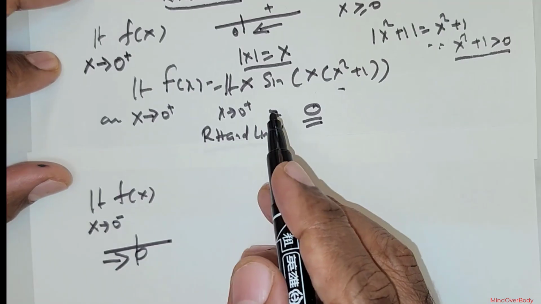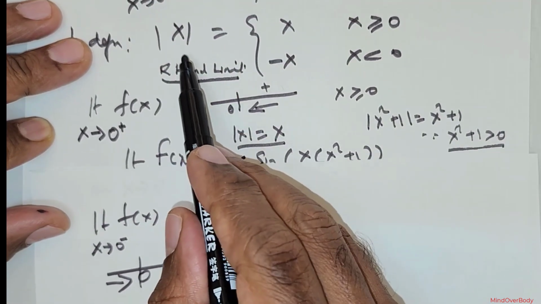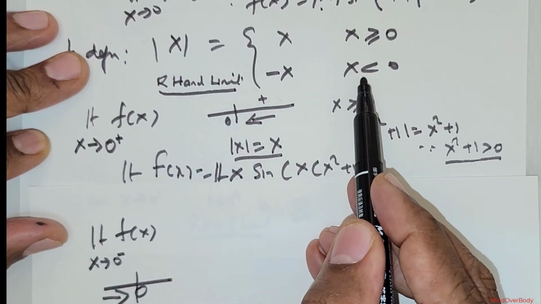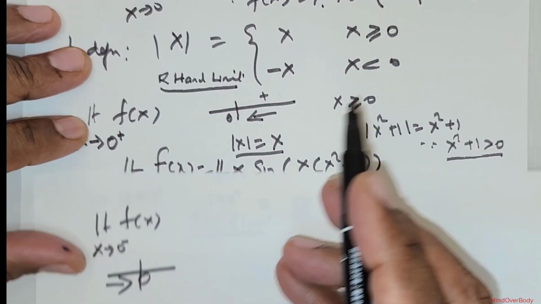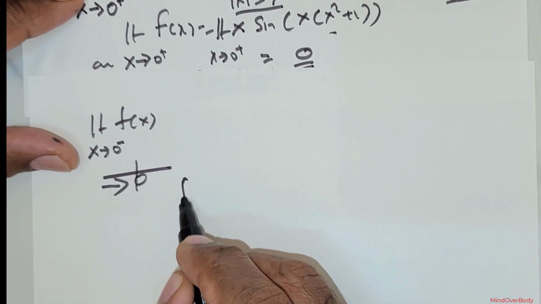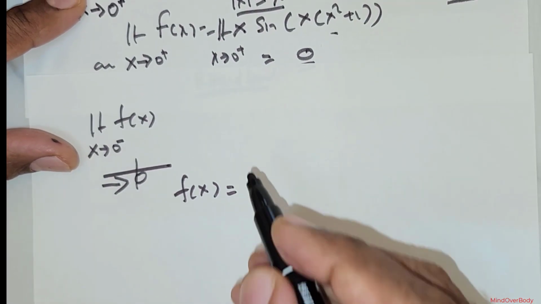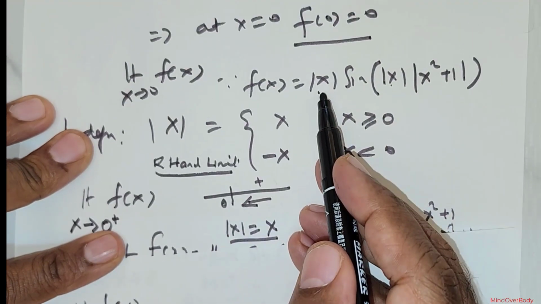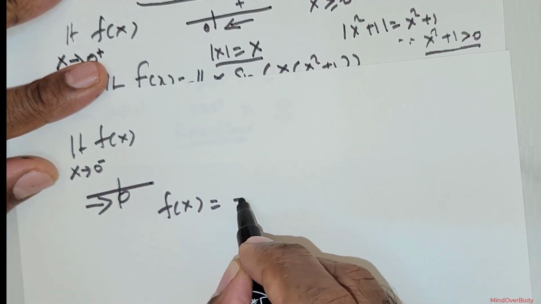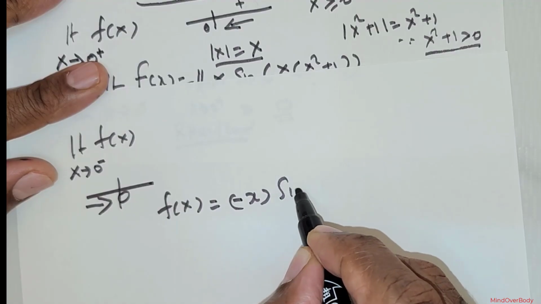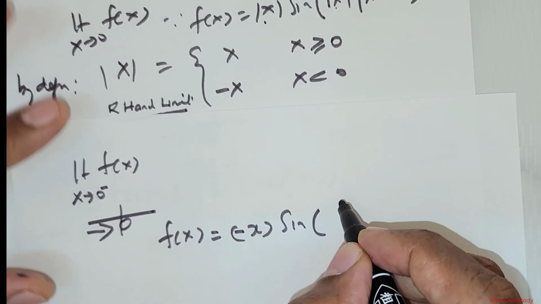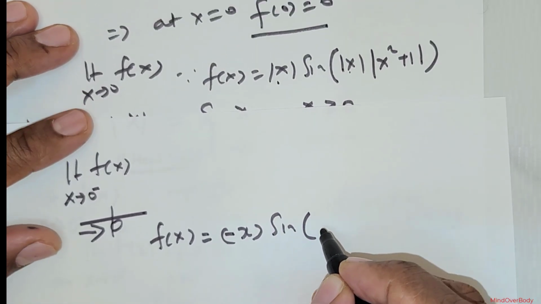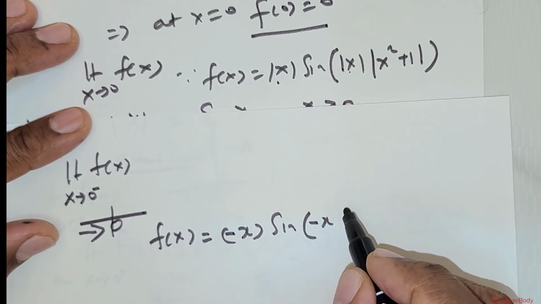So that would mean our modulus of x is equal to negative x for x less than 0. So in this case we will have a new function. f of x is equal to modulus of x is negative x, and you have sine of modulus of x is negative x. So let me place negative x.